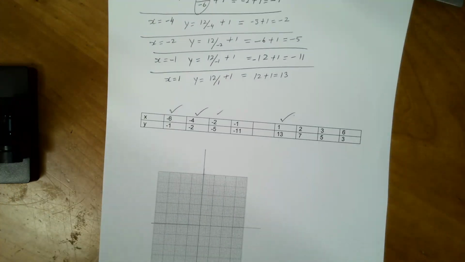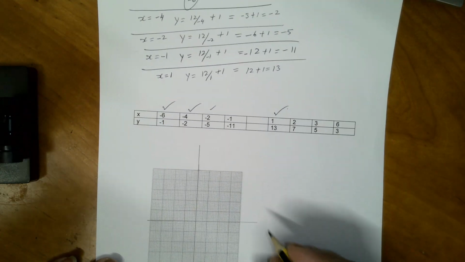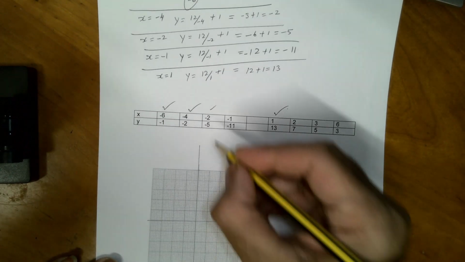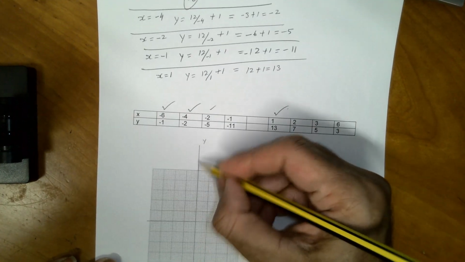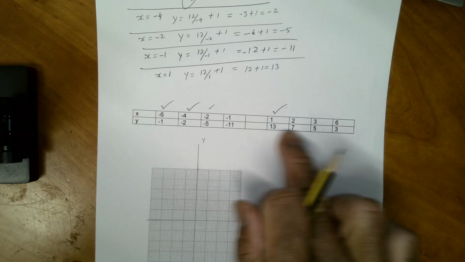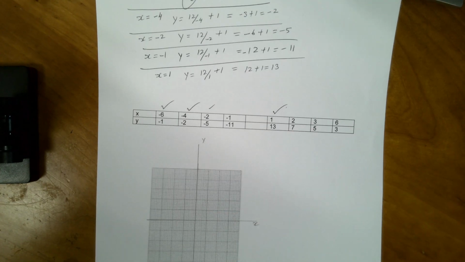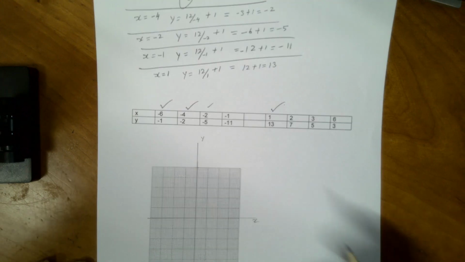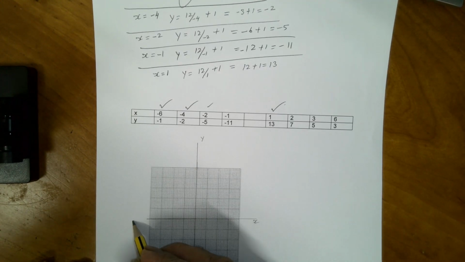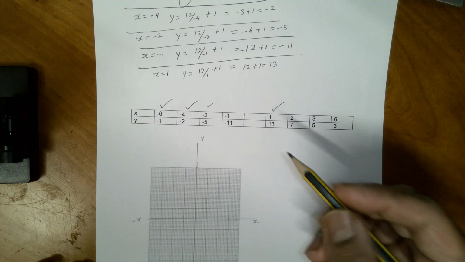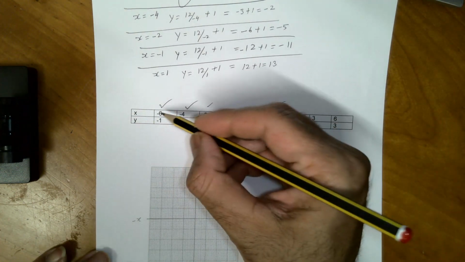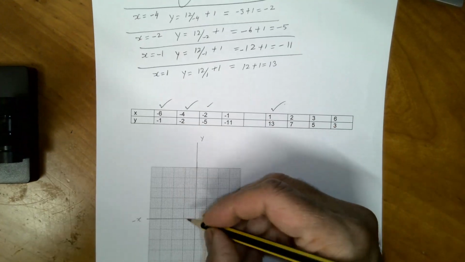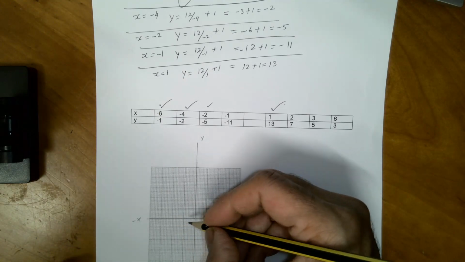Okay, so now what we'll do, we will just draw this. This graph may go out of this grid because of the values. However, we will see how we can put this on this grid. Hopefully it should be okay, right? So x is minus 6 here. So obviously this is probably going to go out of here.